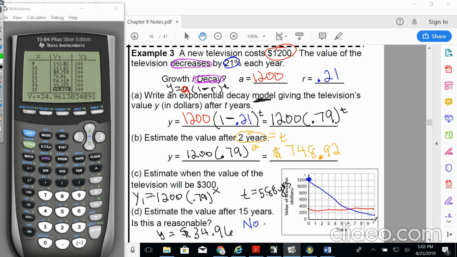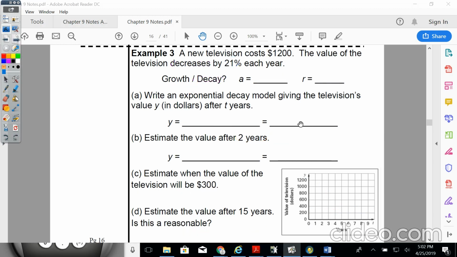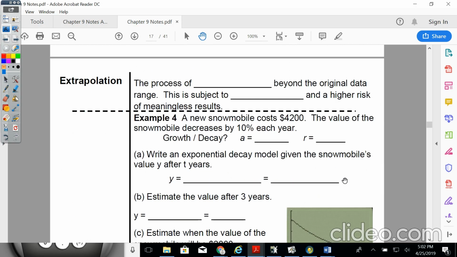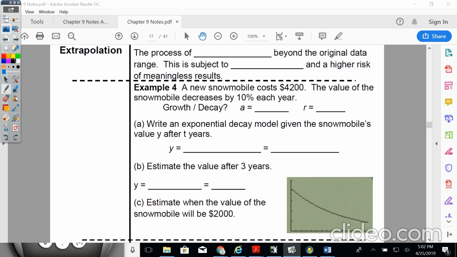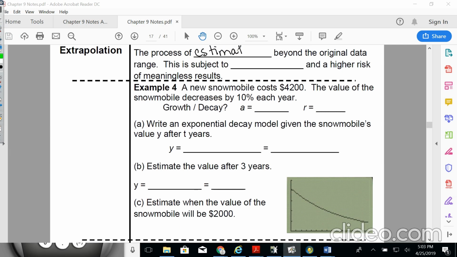So the x's are always going to be within 10 years for these predicting problems because of something called extrapolation. So right here, extrapolation is the process of estimating beyond the original data.